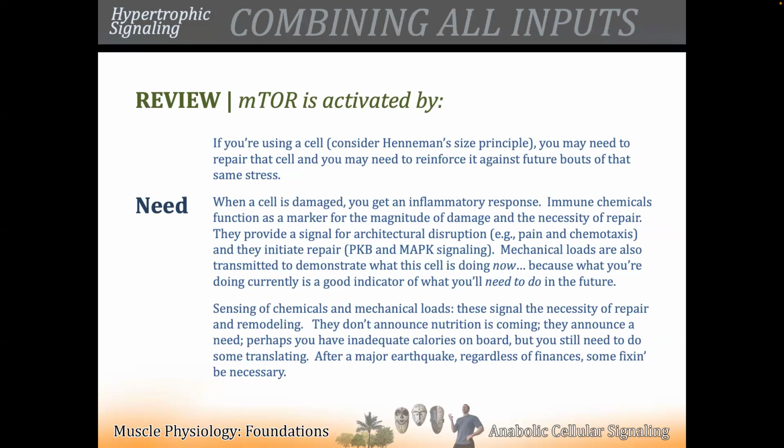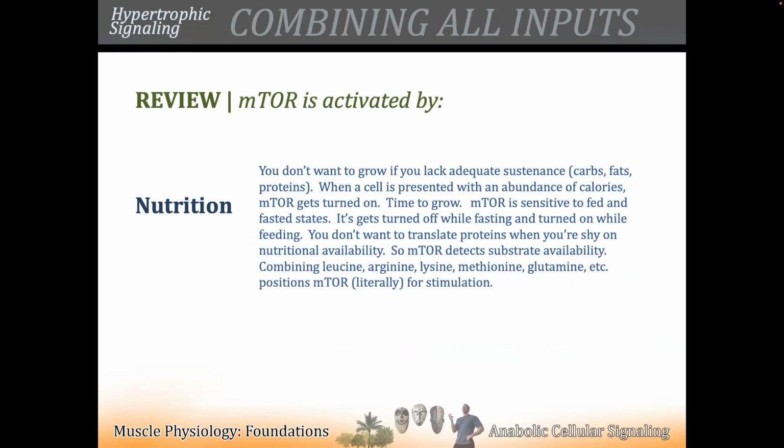And this slide talks about need. If you're loading and damaging a cell, you're going to need to repair that damage. And so that's a major input for mTOR activity for it to be turned on. And the nutrition, eating the right amino acids will localize mTOR to a place within the cell where it can be activated.